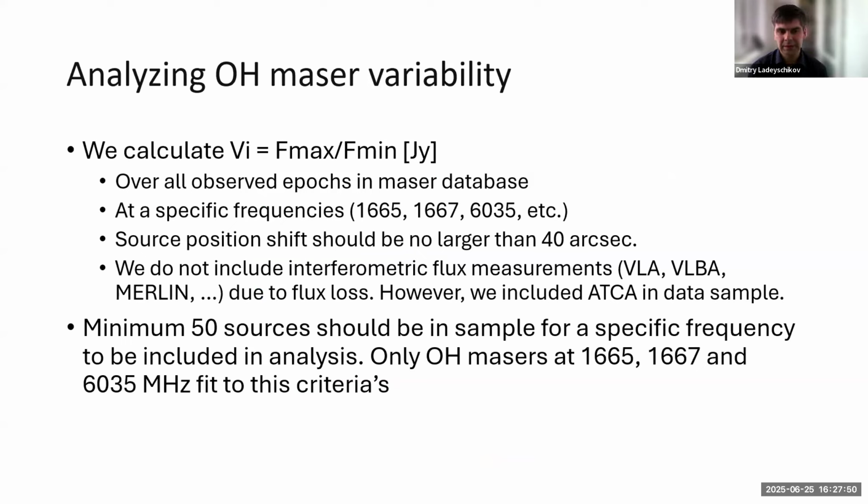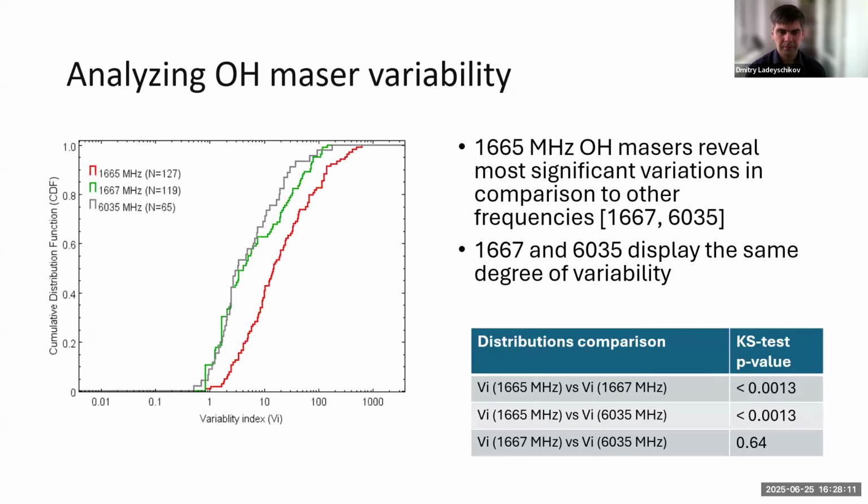We do not include sources with position shift larger than 40 arcseconds. We also do not include interferometric flux in this analysis because it can be missed, of course. And we only analyze sources with a minimum of 50 sources that have enough data to compare variability.